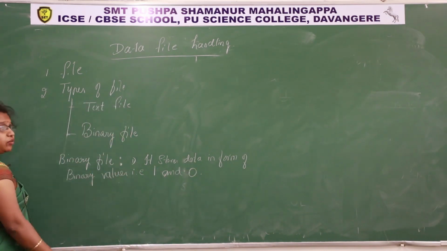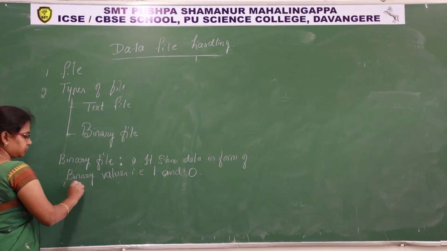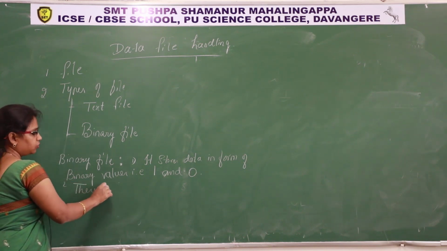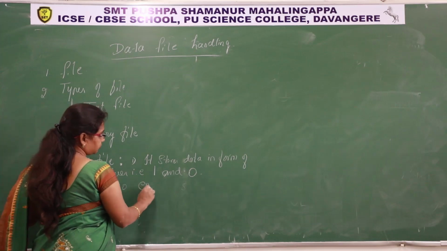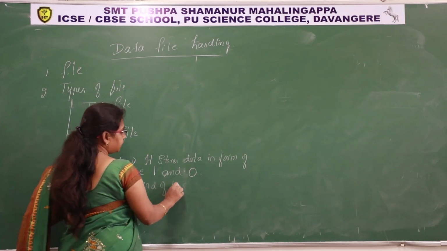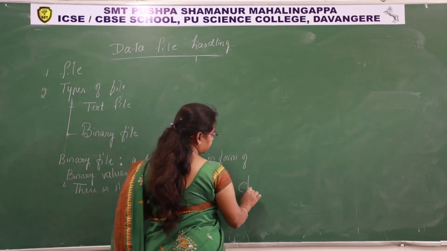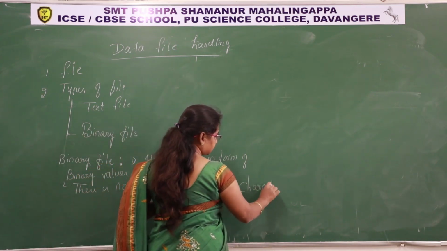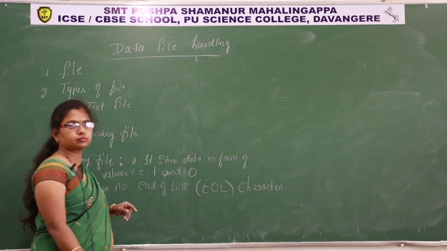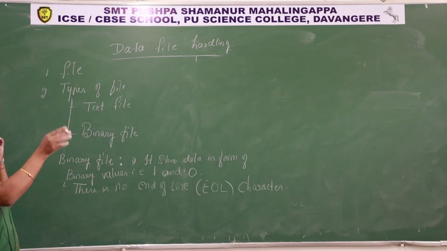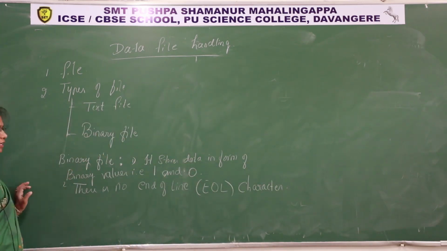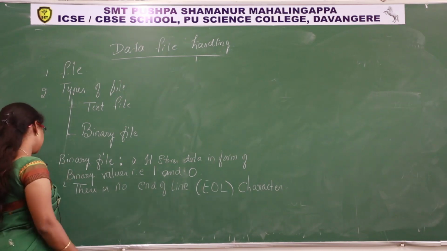There is no end of line character, that is EOL. It keeps on storing the data continuously, with no end of line character.